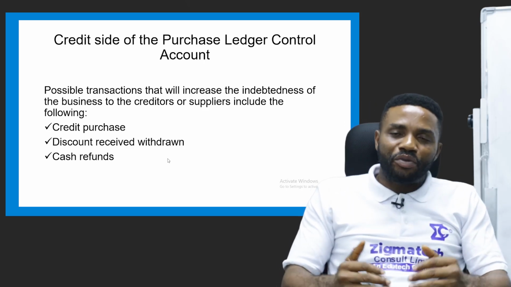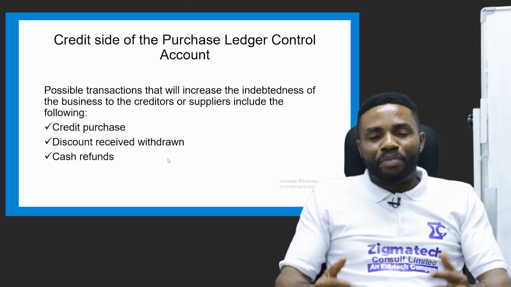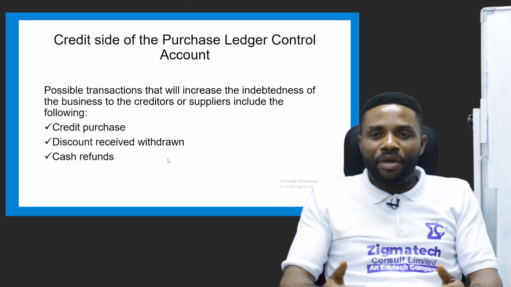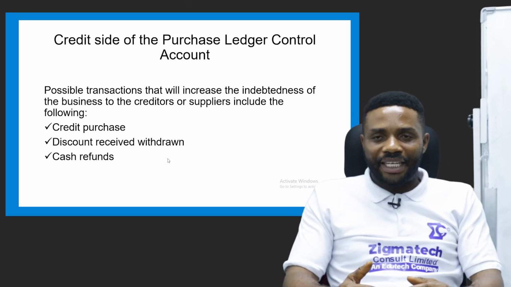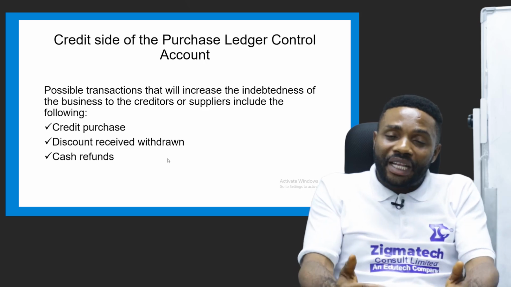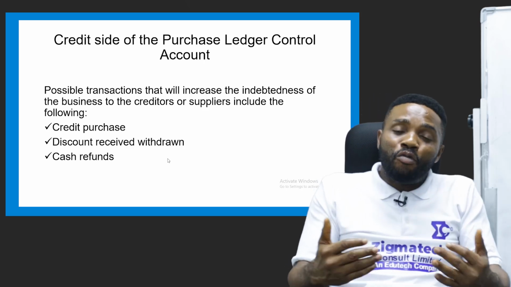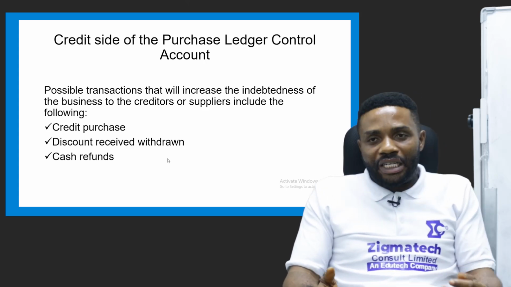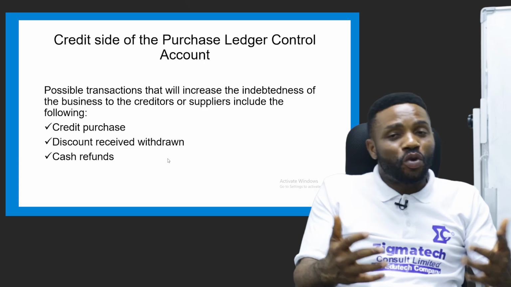And then discount received withdrawn. Peterson gave us a discount and asked us to pay at a certain time, just like the instance I cited. He said we are owing Peterson 1 million, and if we can actually pay before the end of February, we should pay 500,000. So we struggled, we couldn't pay.